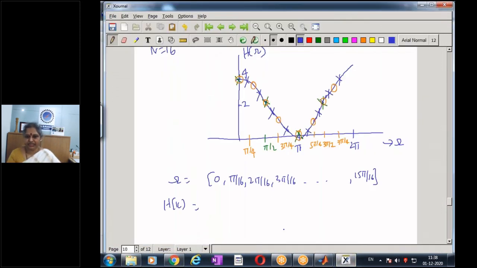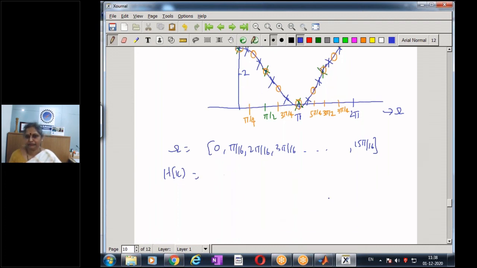So if I try to write the values for n equal to 16, I have my values as 4, 3.8, 3.414, 2.7, 2, 1.2, 0.58, 0.15, 0, and so on, and the last value being 3.8.